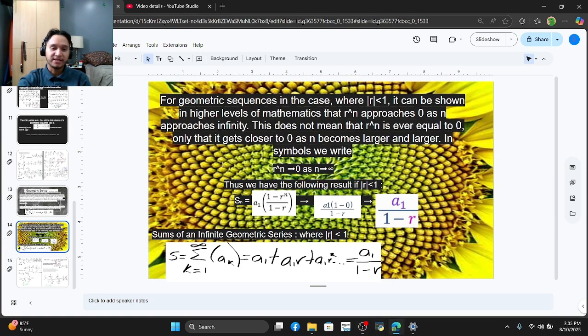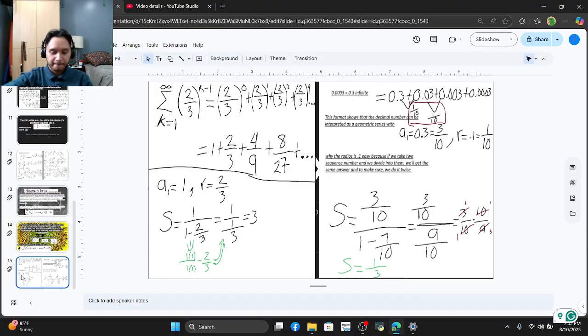So let's look at one example. This is a special case. Let's look at this example. So we have the summation to the infinity.